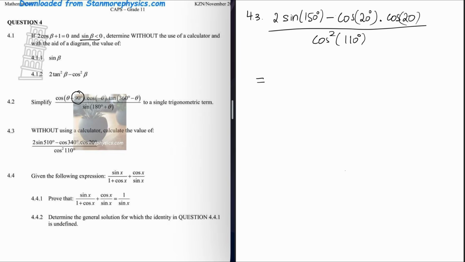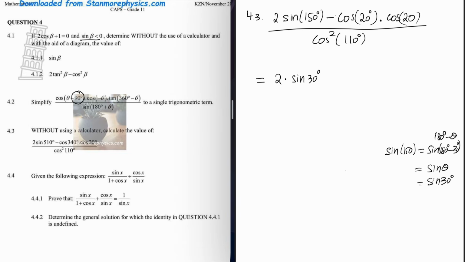We can write that sine of 150 is equal to sine of 180 minus 30. Now 180 minus 30 follows the pattern 180 minus theta, and sine of 180 minus theta is sine theta, or sine 30 in this case. So I can write here 2 multiplied by sine 30.